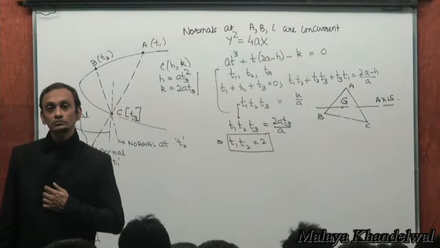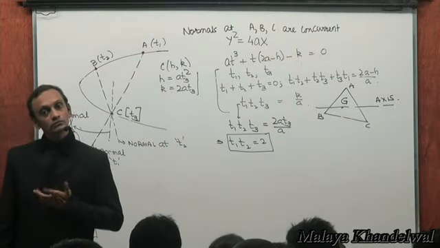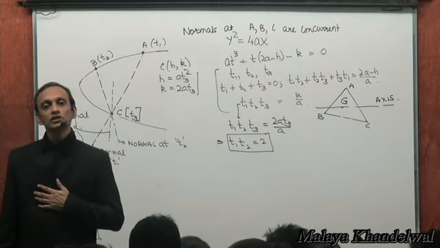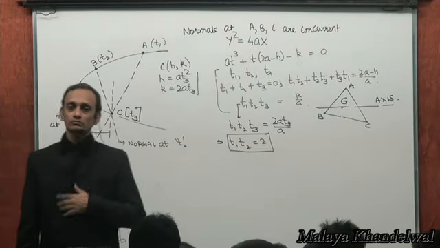What? The converse, like if T1 T2 is 2, then they would intersect again? Yes.